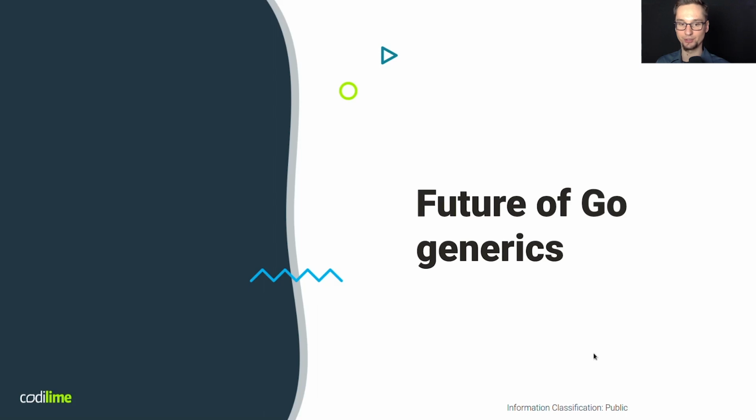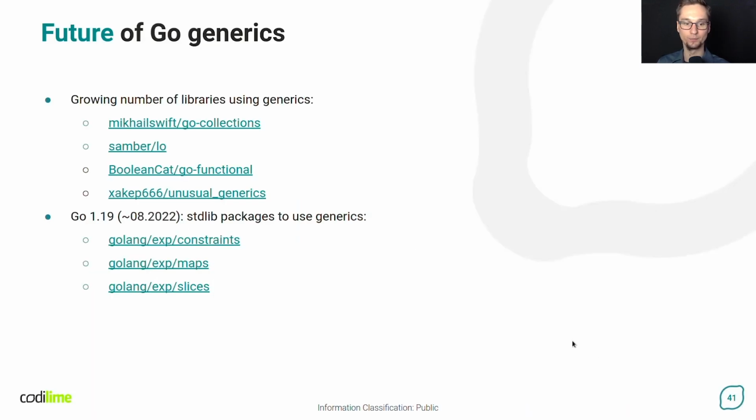Let's talk about the future of Go generics. So we can see a growing number of libraries using generics. Those are libraries that implement generic data structures and algorithms, but also we have packages that support functional programming. In the 1.18 release, the Go team decided not to rewrite the standard library to use generics.